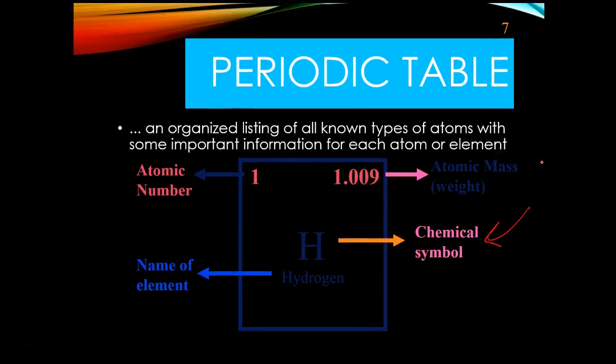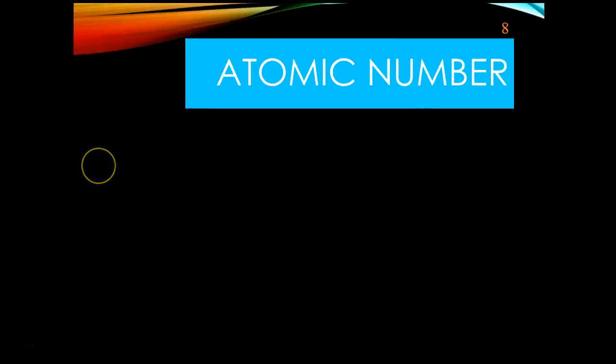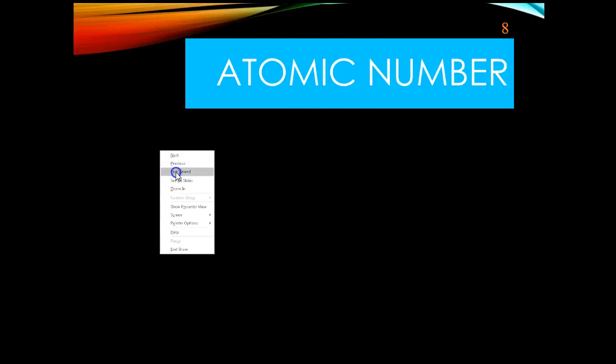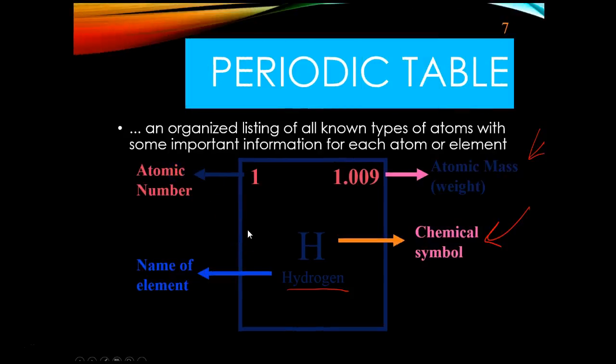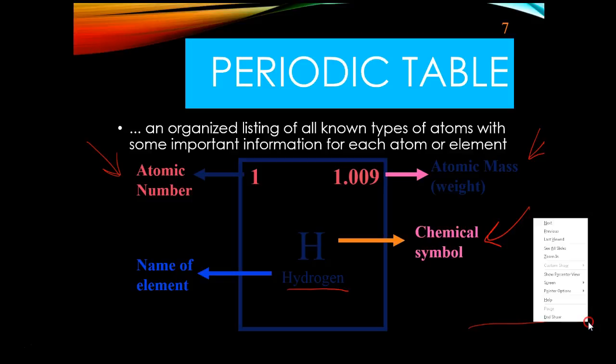Here's the atomic mass. And over here, the name of the element that you can see down below, hydrogen. Okay, and also we see an atomic number. The atomic number. Okay. Now, let's go on.